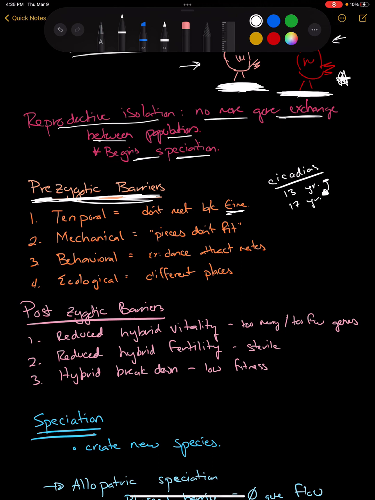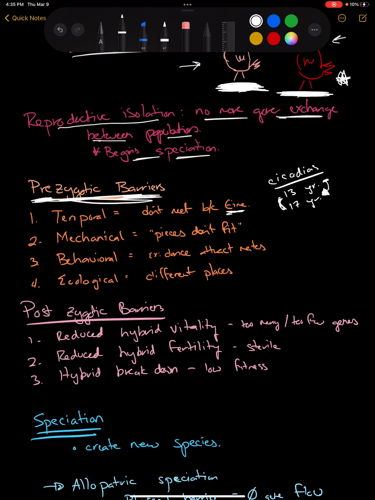So even though they could mate if they came up at the same time, because of this time difference between 13 and 17 years, they're never going to have sex, which means you're never going to get a zygote. So that's a temporal isolation, or a temporal pre-zygotic barrier.